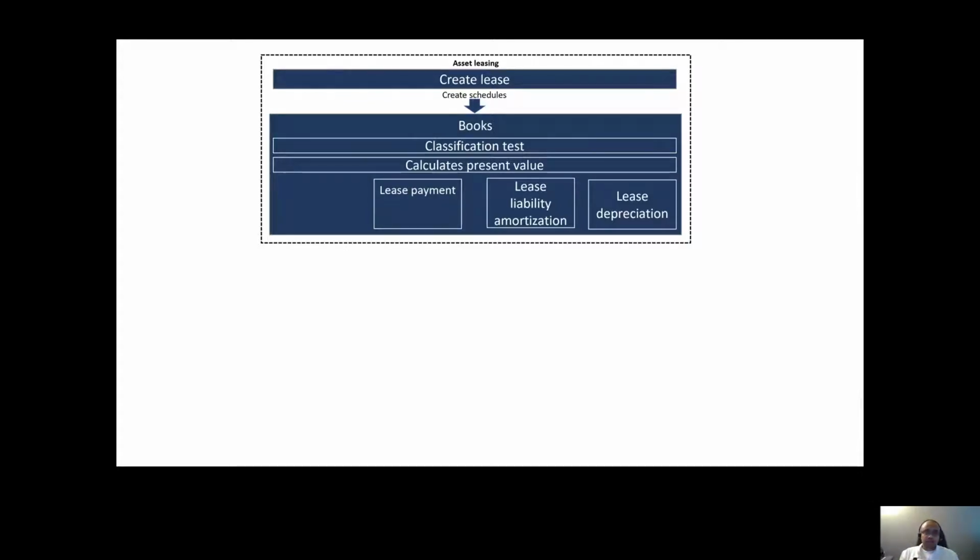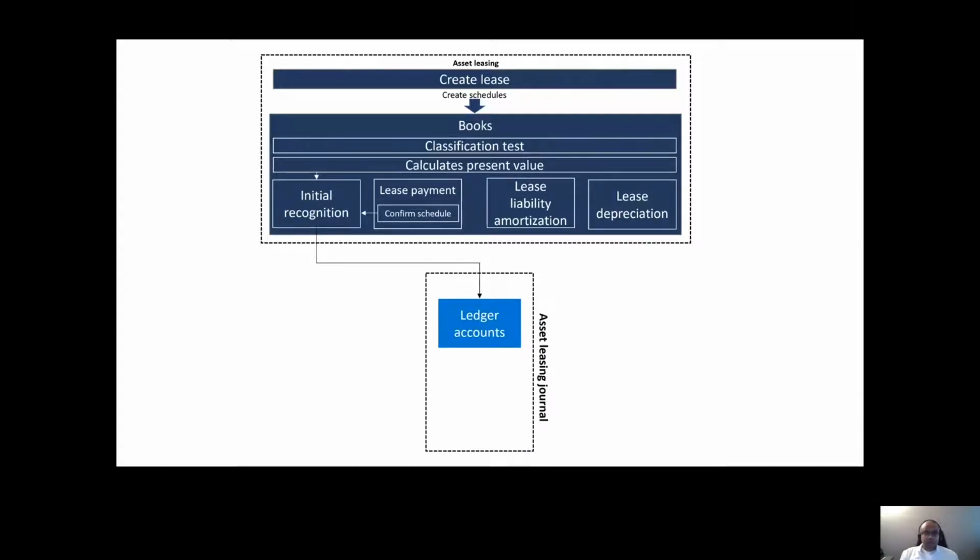And we have 4 schedules. We have the lease payment schedule, lease liability amortization, and lease depreciation. Then the lease administrator needs to make sure the calculated amounts are what he or she expects. And after reviewing the calculated present value, the amounts in the lease payment, liability amortization, and the depreciation, and everything is good, we are ready to go and confirm the schedule.